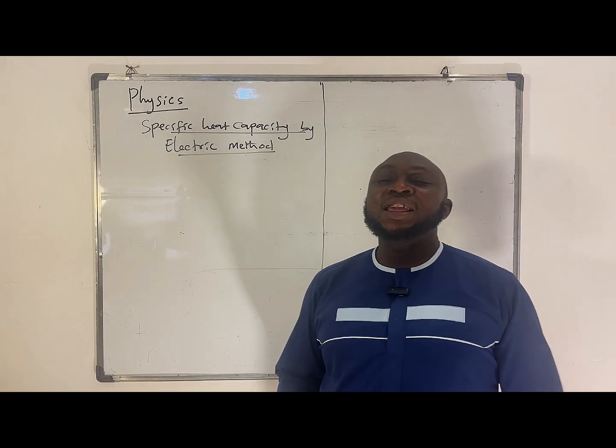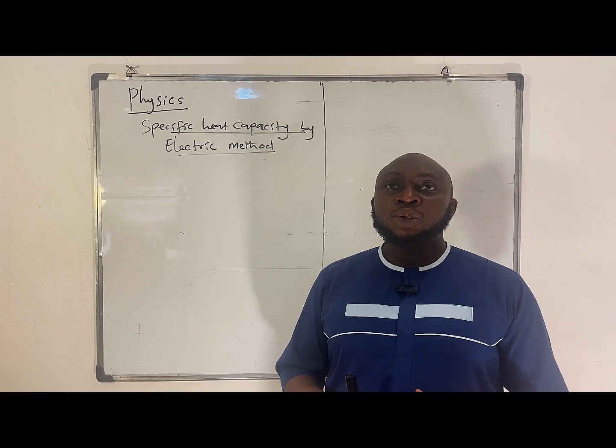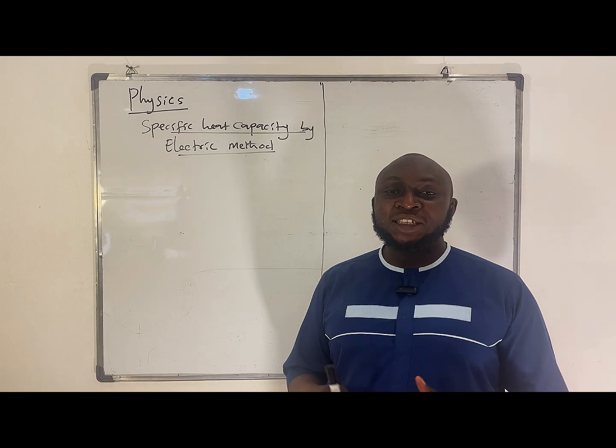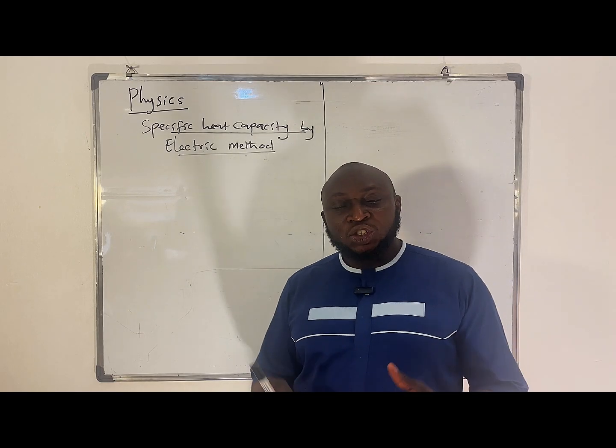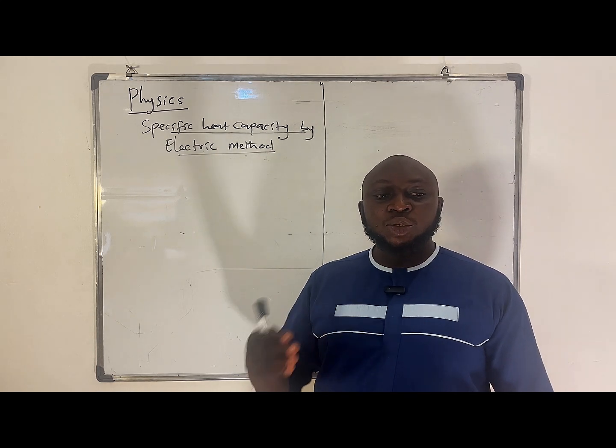We say that if an electric heater is used to supply heat energy to a substance, the substance can either be in a liquid form or in a solid form.